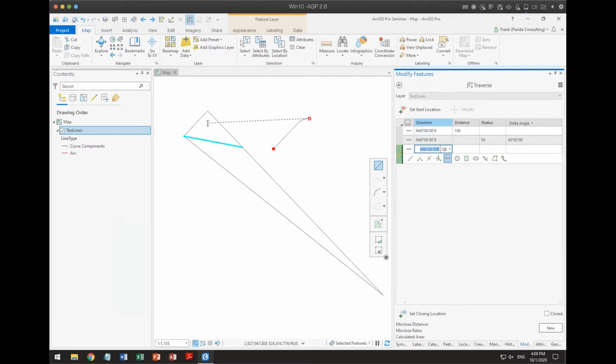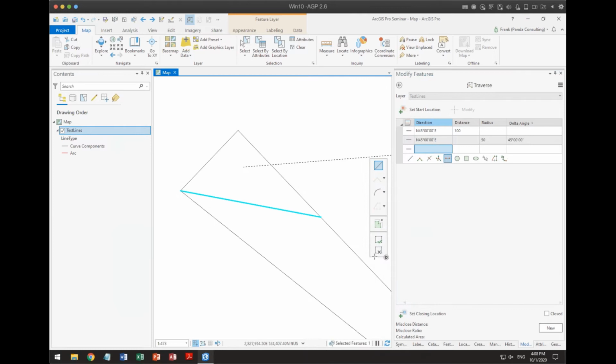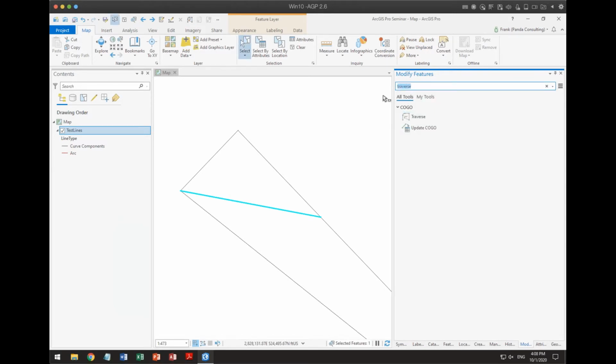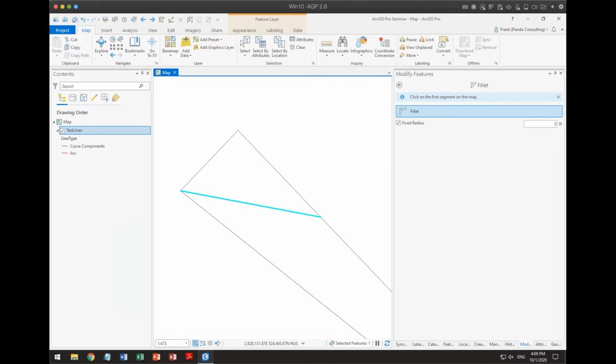The only other thing I have here is a discussion maybe on utilizing, for example, the fillet tool. The fillet tool is fairly new, and it allows you to input and connect on what we now know are tangent lines.